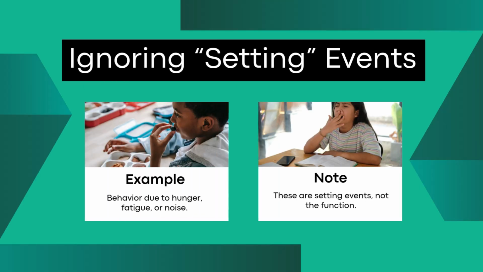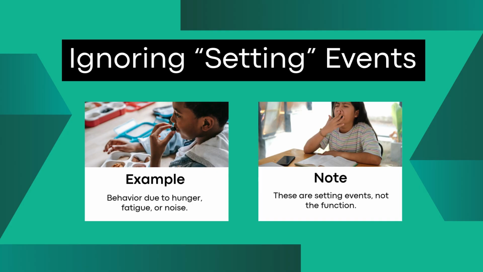Let's talk about the setting. When we are identifying the function of a behavior, it is very easy to confuse the setting events with the actual cause. For example, if a child is hungry, tired, or overstimulated by a noise, those conditions can increase the likelihood of the behavior occurring, but they are not a function.